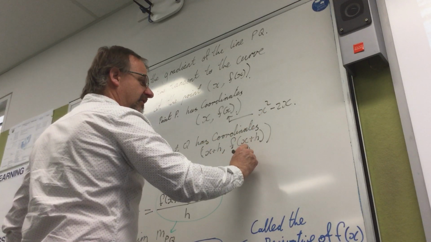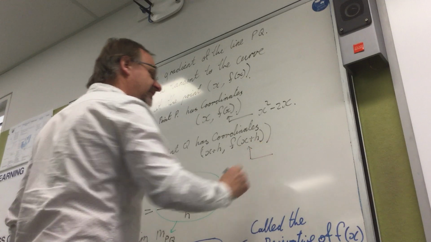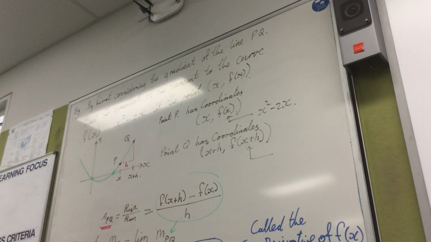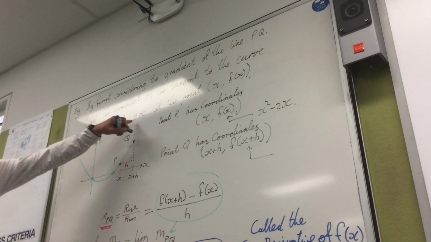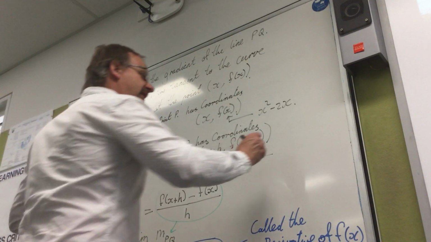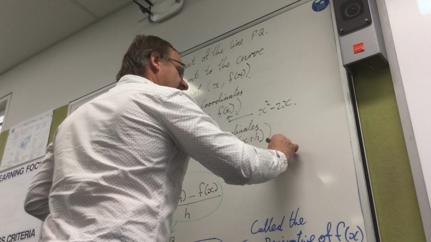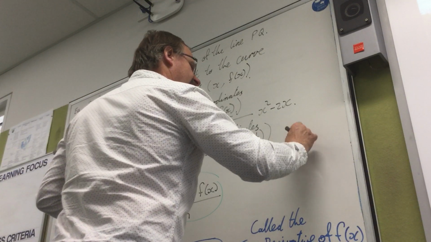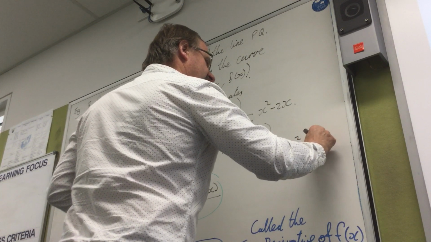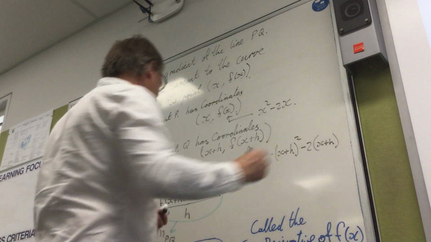Now, what that actually means is to put x plus h in our x squared minus 2x, and if we do that, we have (x plus h) squared minus 2 times (x plus h).